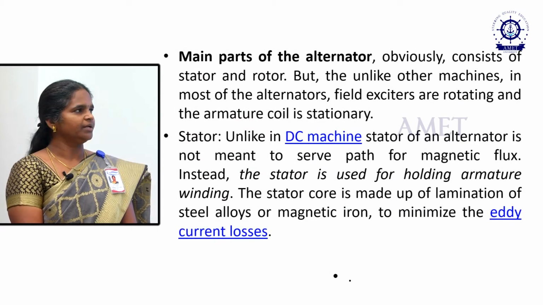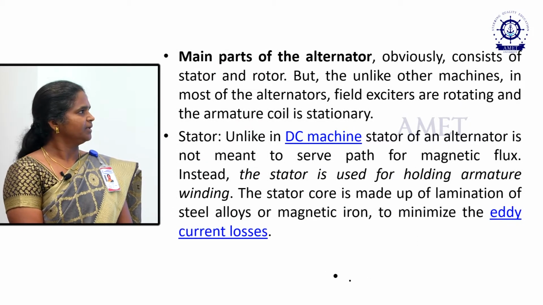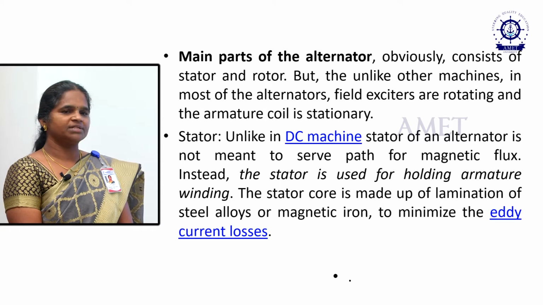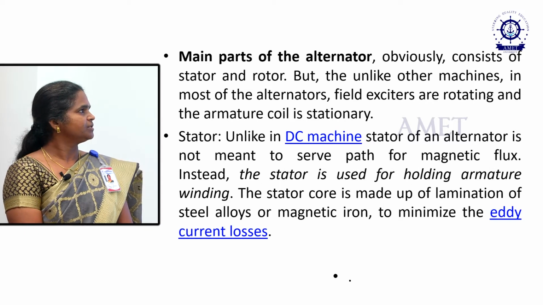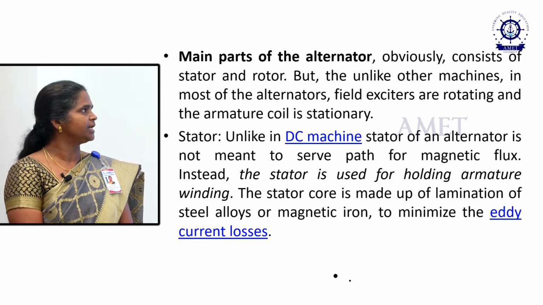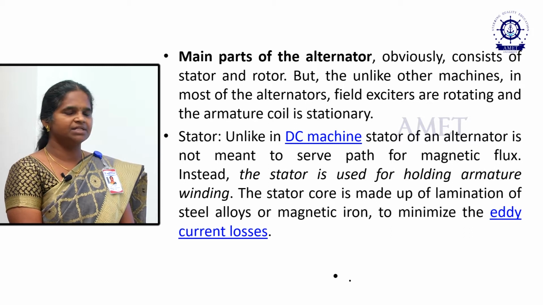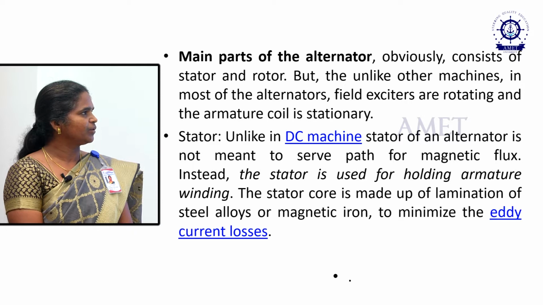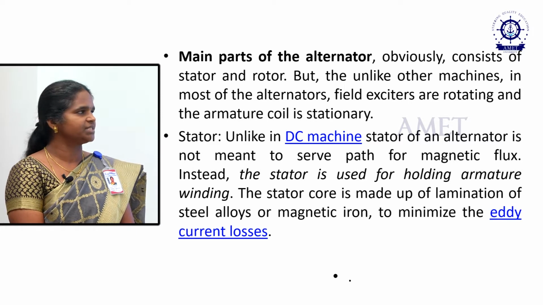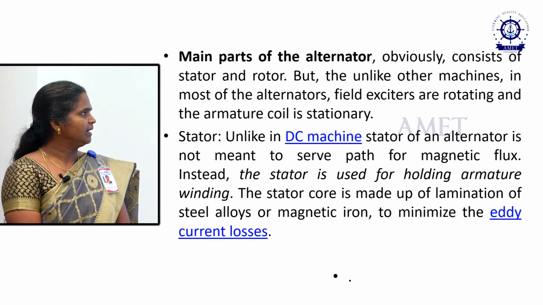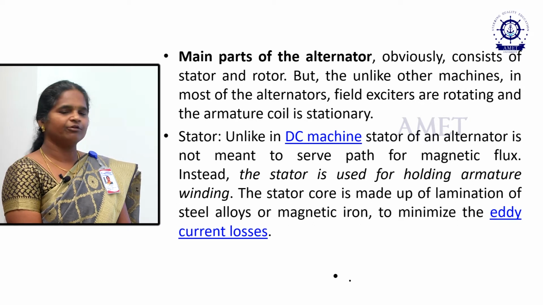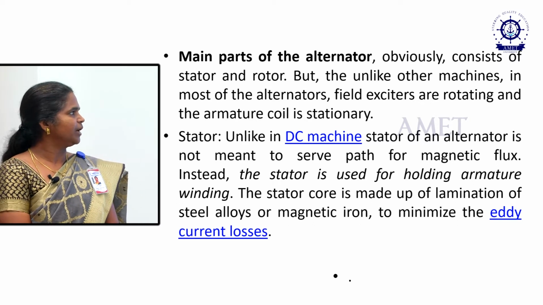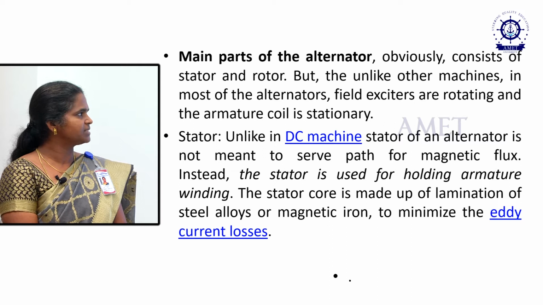As I said already, there are two parts of this alternator, the rotor and the stator. Unlike the DC generator, the rotor field exciters are rotating and the armature coil is stationary. Unlike in a DC machine, the stator of an alternator is not meant to serve for the magnetic flux.